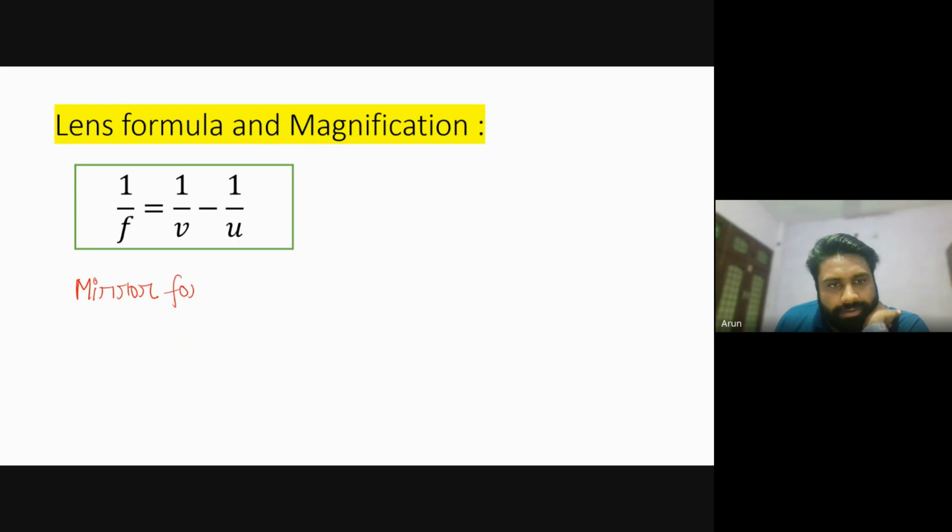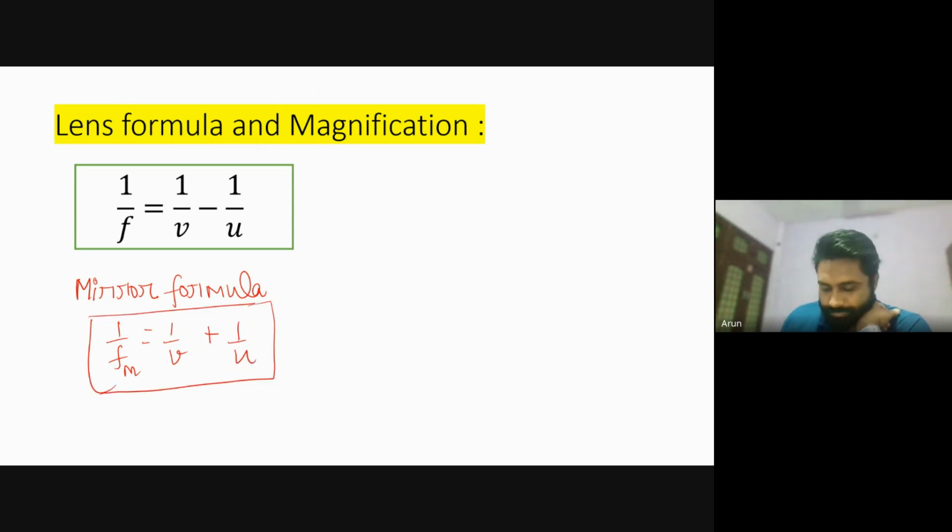Mirror formula: 1 upon F of mirror is 1 upon V plus 1 upon U. So this is the mirror formula.